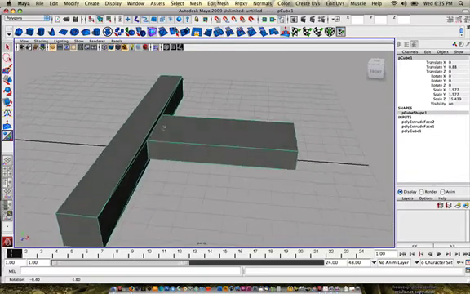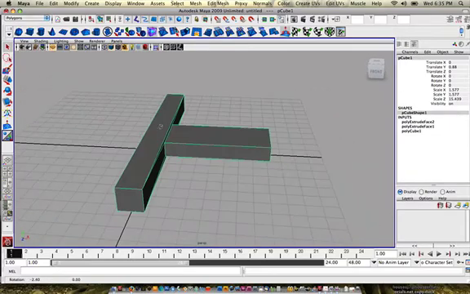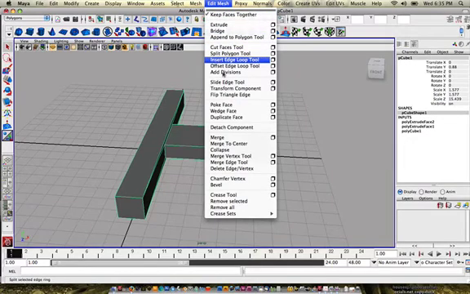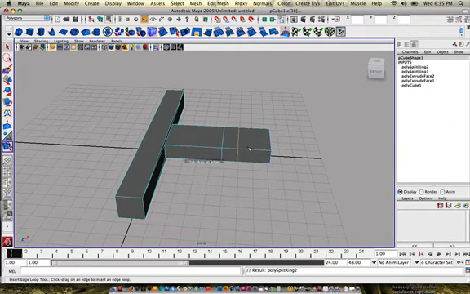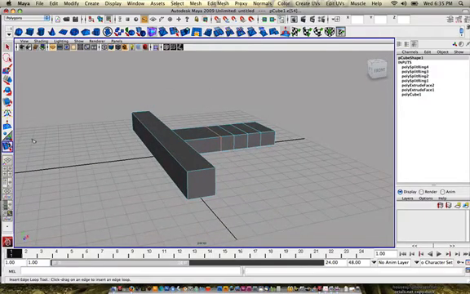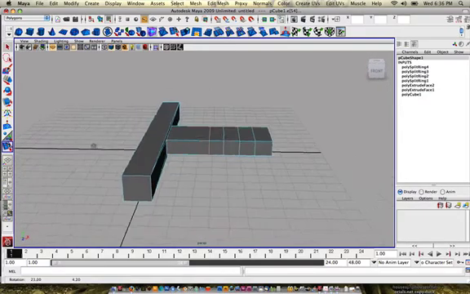But let's say you were inserting edge loops over here and you had done this to both sides. I could only insert the edge loops here, and how would I know where to put them on the other side if I chose to extrude both sides at the same time? You wouldn't be able to do that.